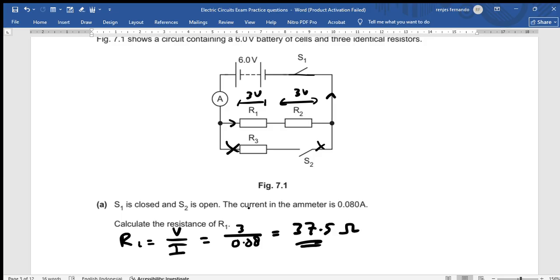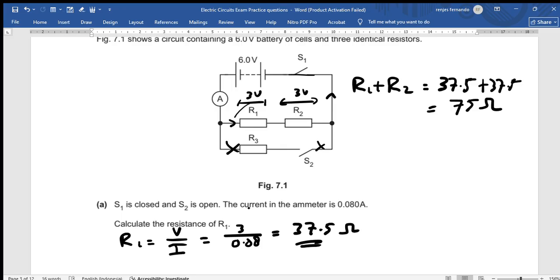So R1 plus R2 is 37.5 plus 37.5, which is equal to 75 ohm. Okay, so this is parallel with this.